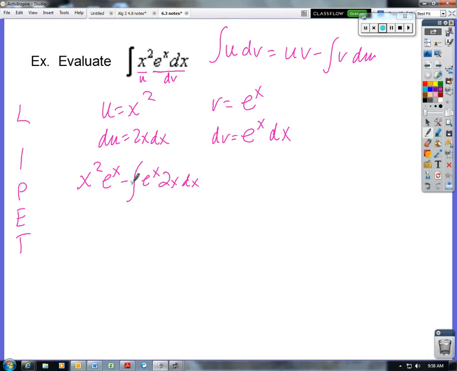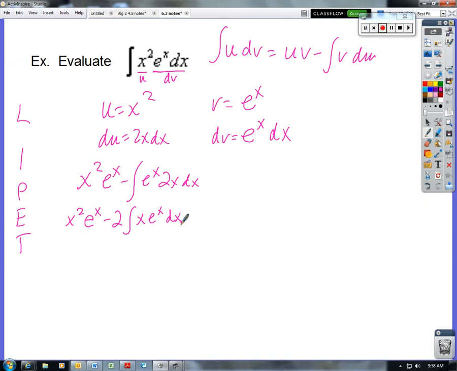Well, that 2 can come out. Notice again I've got another polynomial and another exponential, which means we have to do this again. We have to repeat the integration by parts on this integrand. What I am going to do, I'm going to bring along the x squared e to the x, minus the 2 integral x e to the x dx.